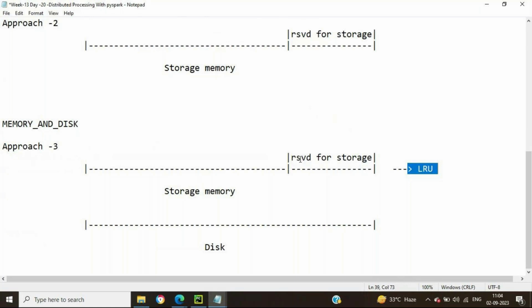The least recently used algorithm keeps on monitoring the data frames which are not utilized heavily or have least usage. Those data frames or portions will be moved onto the disk, and that process is known as block evacuation, evacuating the blocks of storage memory and moving those blocks or data frames from memory to disk.